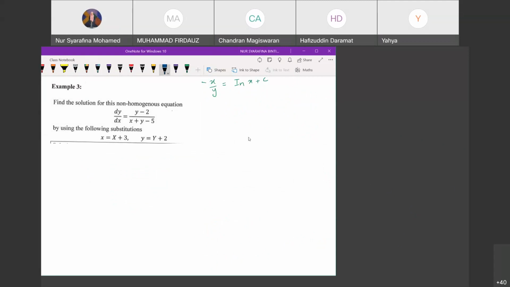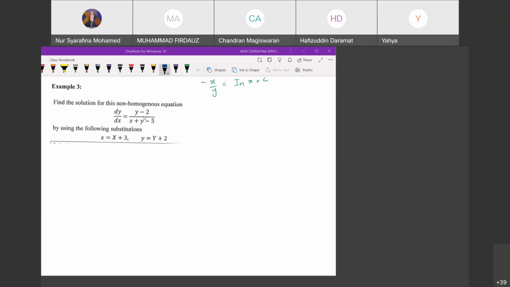It is stated that this is non-homogeneous. So what you need to do is to use the substitution given in order to reduce this non-homogeneous to homogeneous first. Okay, and then once you want to find the solution of the homogeneous, again, there is a substitution that you have to use. Okay, let's do it slowly one by one.